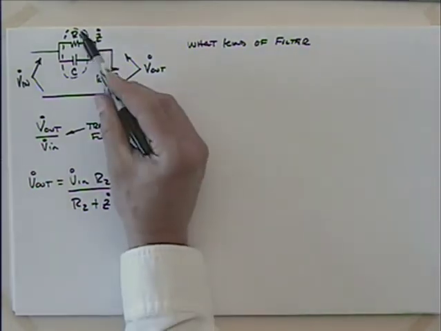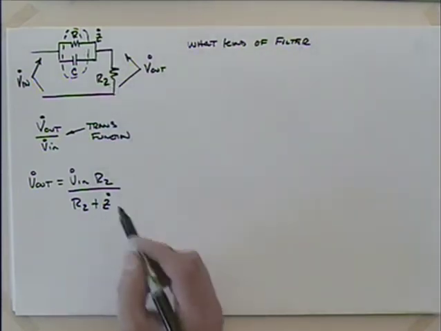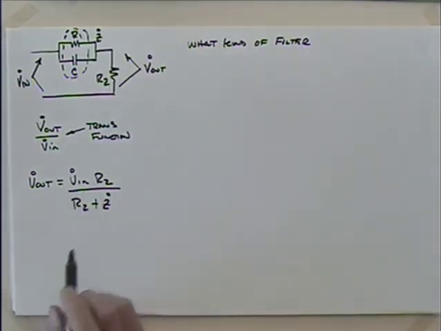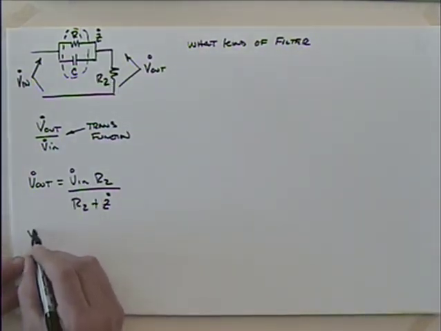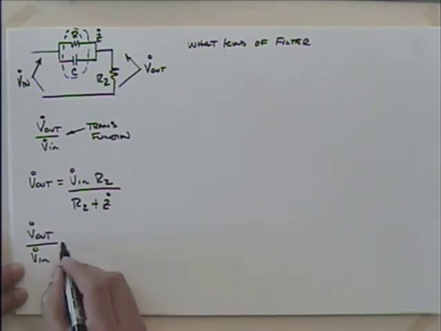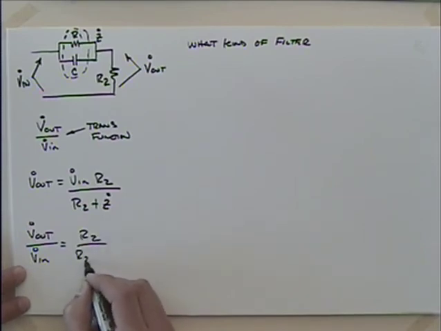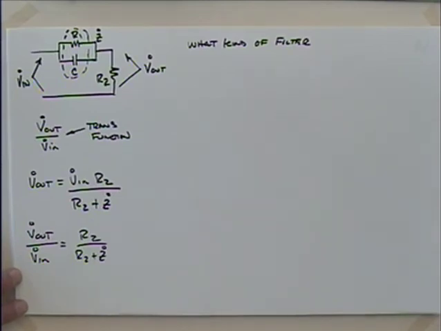If I took the impedance of these two that are in parallel and added it to R2, that would be our total impedance, and we should be good. So we can say then that V out over V in is going to be equal to R2 divided by R2 plus whatever the impedance of that parallel branch is. Well, let's keep at this then.